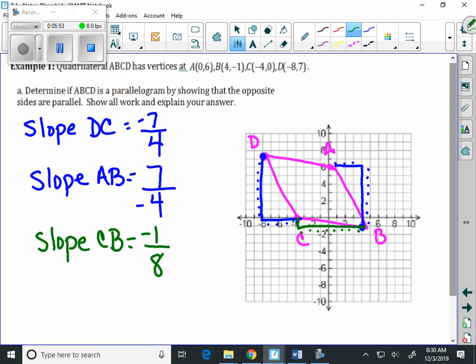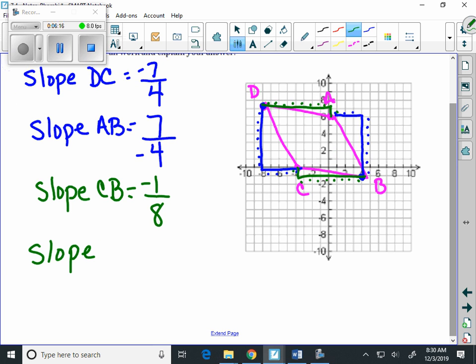And our other side here, the slope, we're going to go up 1, and hopefully that's 8. So we went up 1, we're going to go left 1, 2, 3, 4, 5, 6, 7, 8. So AD is up 1, left 8. Again, negatives are in different places, but they still represent the same slope: slope of CB is -1/8, slope of AD is 1 over -8. They mean the same thing. A single negative means negative.